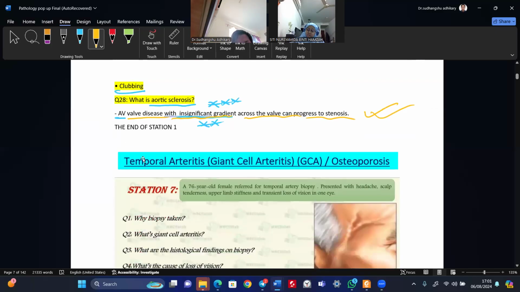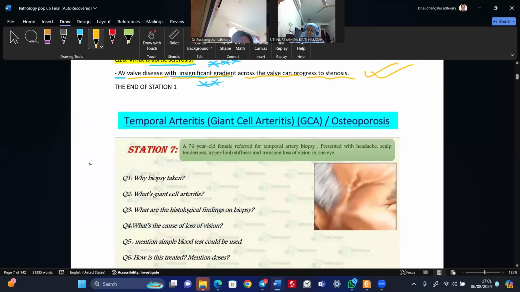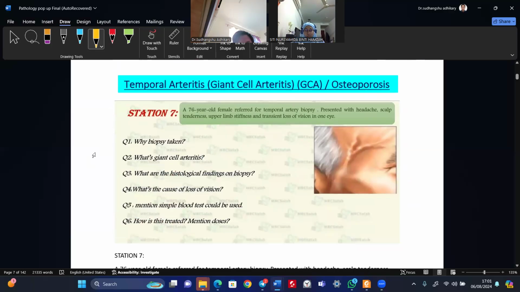Okay. Now, temporal arteritis or giant cell arteritis. A 76-year-old female referred for temporal artery biopsy presents with headache, scalp tenderness, upper limb stiffness, and transient loss of vision in one eye.